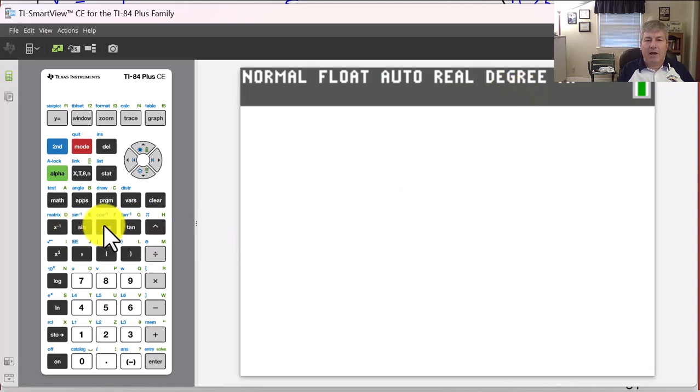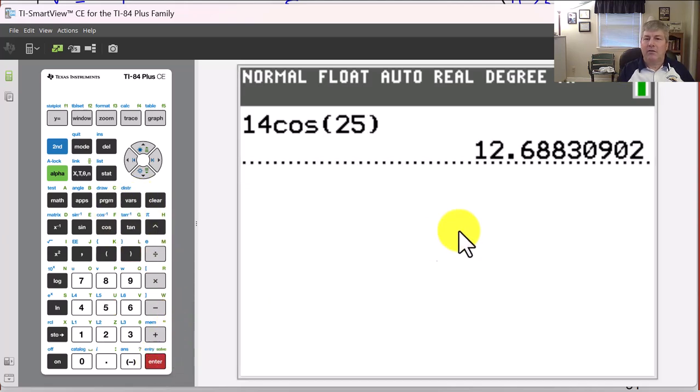I've got my sine, my cosine, and my tangent function buttons here, and I just need to put this into my calculator. I need 14 cosine of 25. I hit enter, and I get 12.6888 for my x coordinate.